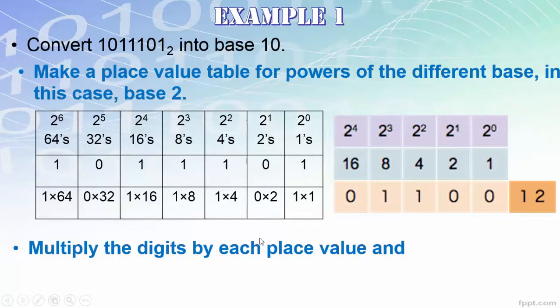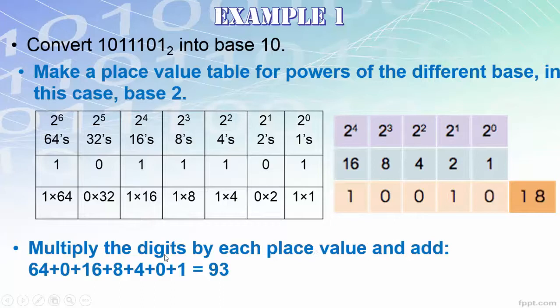We multiply the digits of each place value, and then finally we add them up. 64 plus 0 plus 16 plus 8 plus 4 plus 0 plus 1, and we get 93.